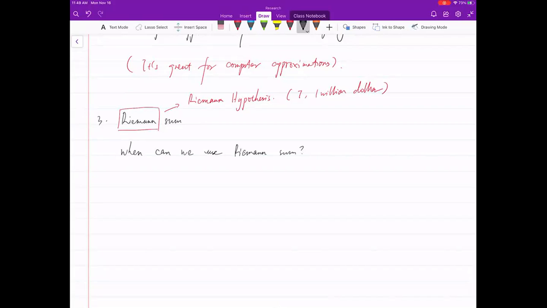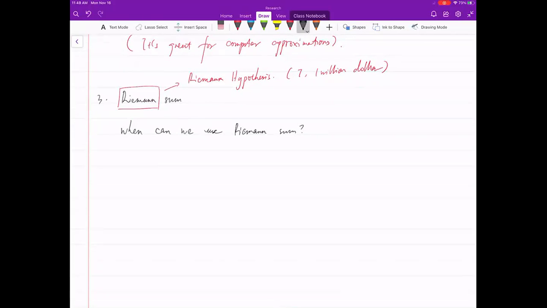Sometimes it's not usable. And Riemann gave us a very simple conclusion, which involves the upper Riemann sum and the lower Riemann sum. Both of them share a similar formula.